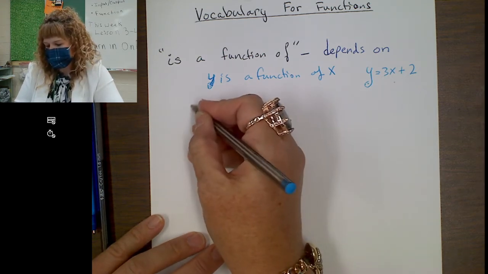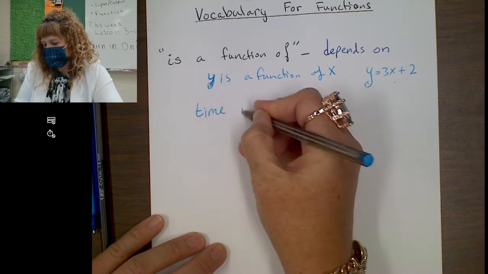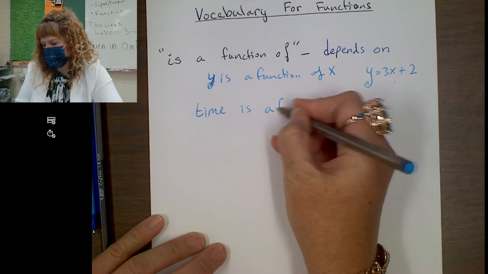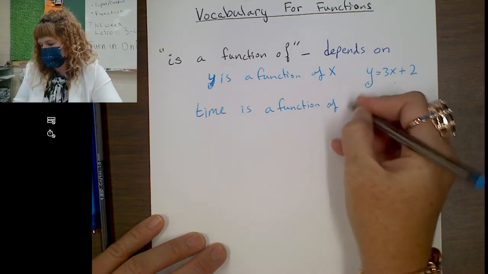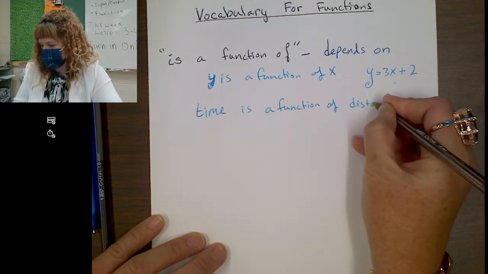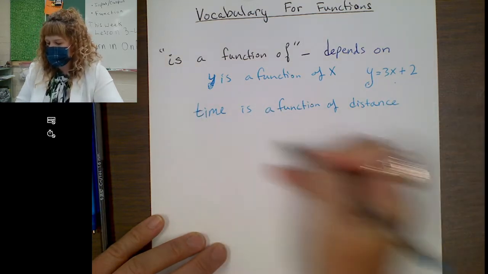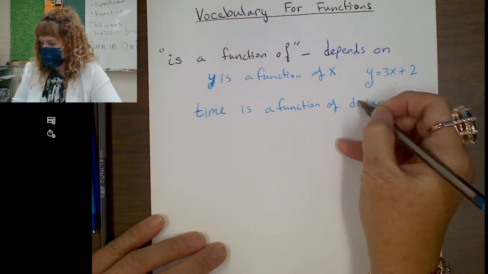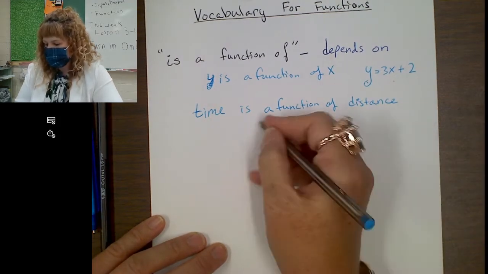Here's another example. Time is a function of distance. Write that on your paper, that sentence, that statement. Time is a function of distance. And I'll give you an example of that.